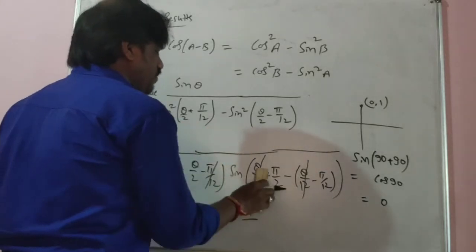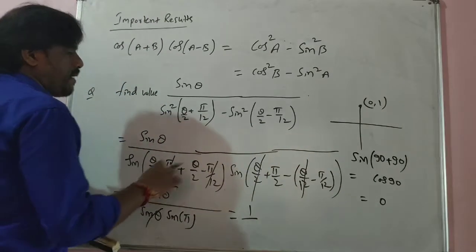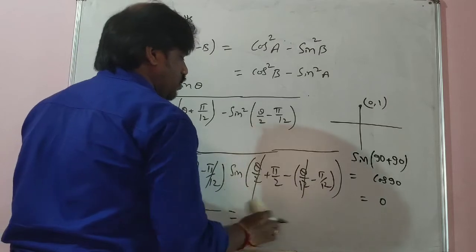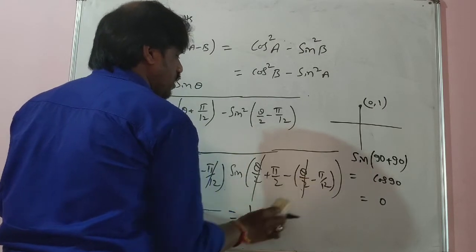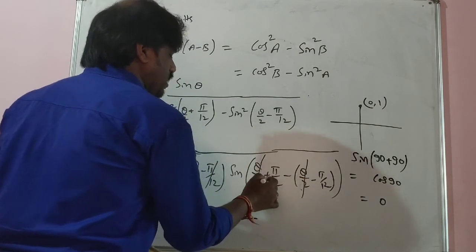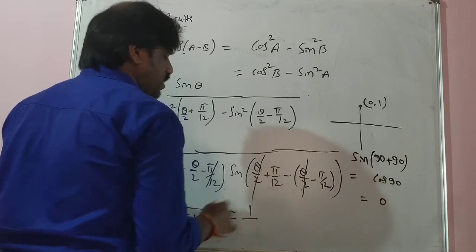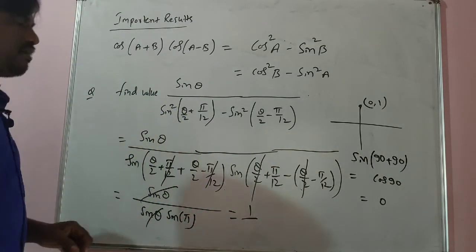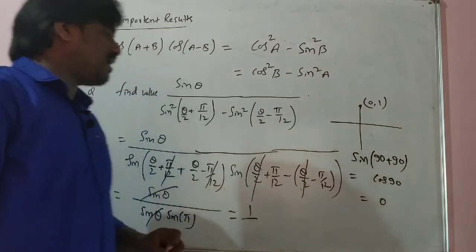Here sine of theta by 2 plus pi by 12 minus theta by 2 minus pi by 12.